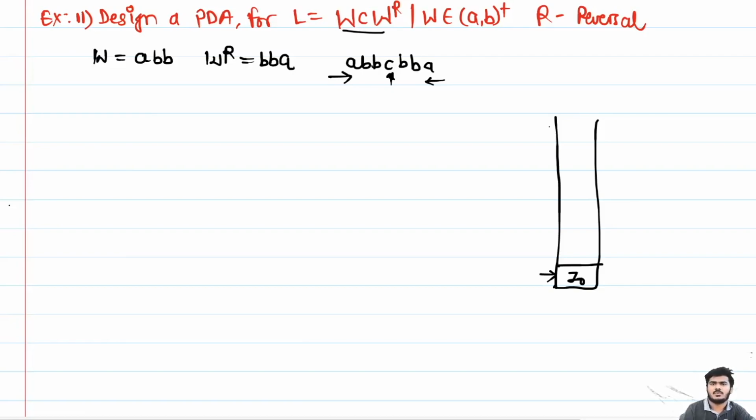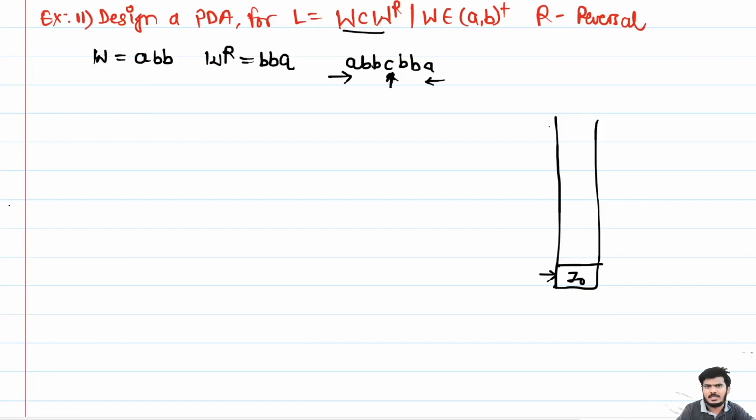Whenever W comes, we have to take W reversal, and C is there to tell us that W is over. By seeing this C we can say whether W reverse has started or not. Whenever we get C, we change the state and we can say that now W is over and it's time for the W reversal string.